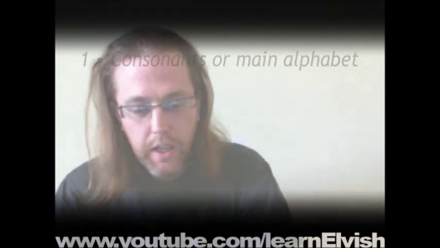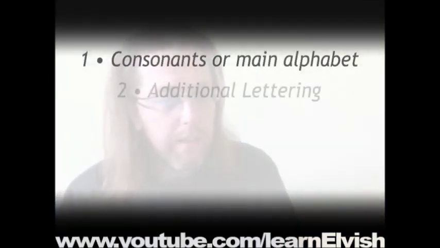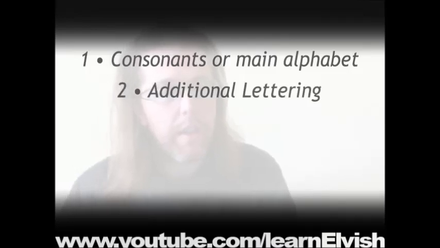So, with each system we have 5 things to consider. We have the consonants, which is considered to be the main alphabet. Second, we have the additional lettering. Now, these can include more consonants or phonemes as required by the language, and the amount of additional lettering can vary depending on the language being used.